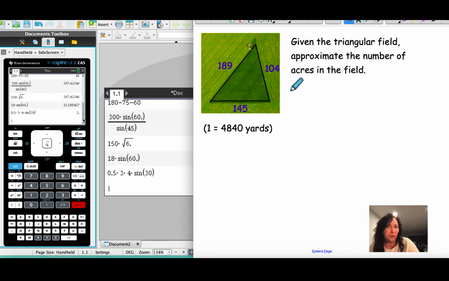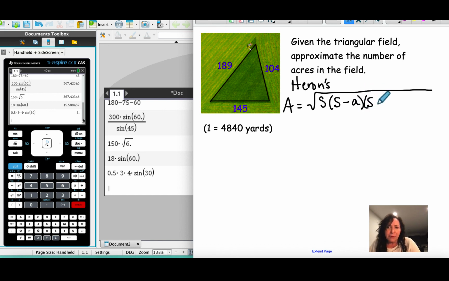So do you remember Heron's formula? To find the area, it's the square root of the semi-perimeter, which I'll talk about in a minute, times the semi-perimeter minus the first side, call it A, times the semi-perimeter minus the second side, times the semi-perimeter minus the third side.